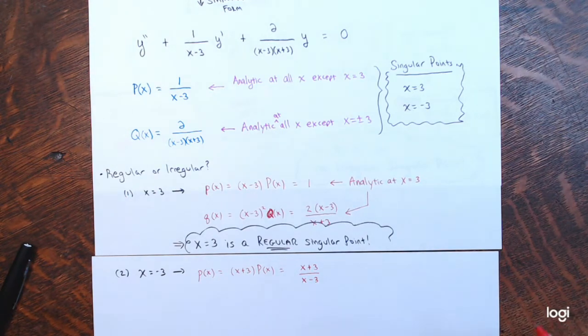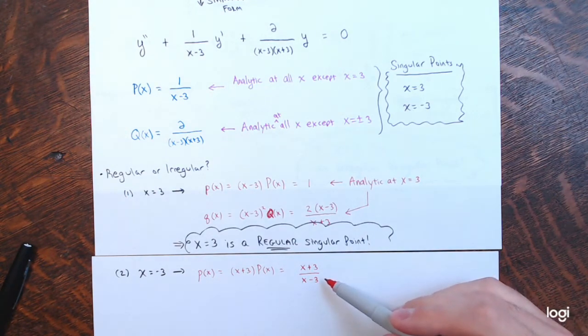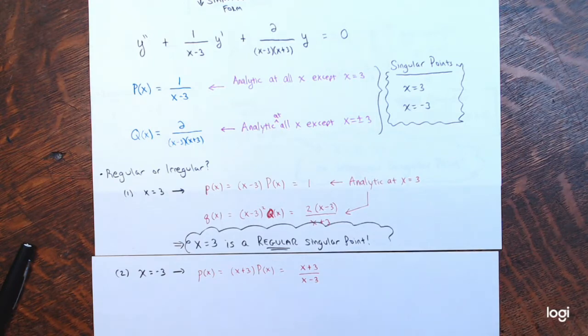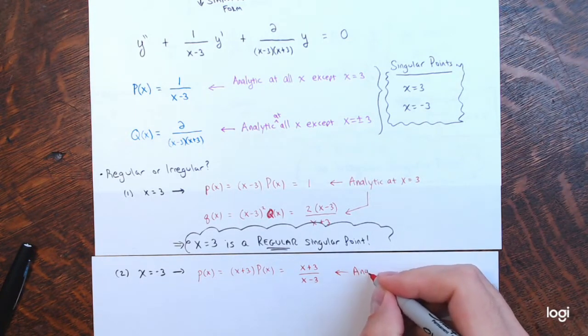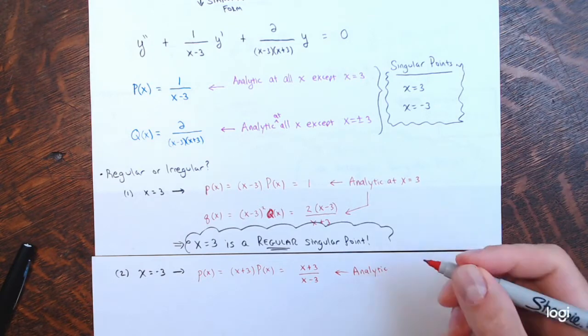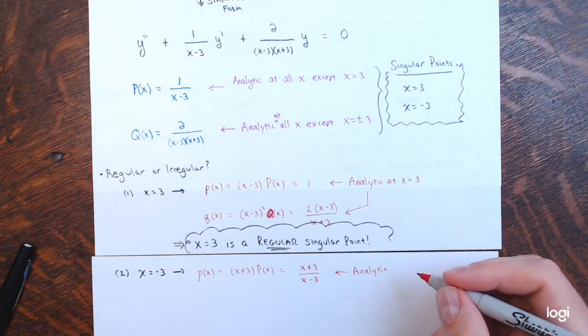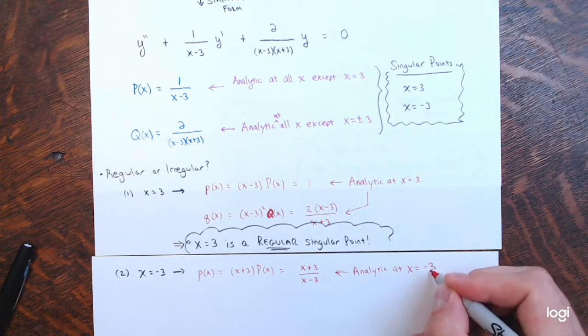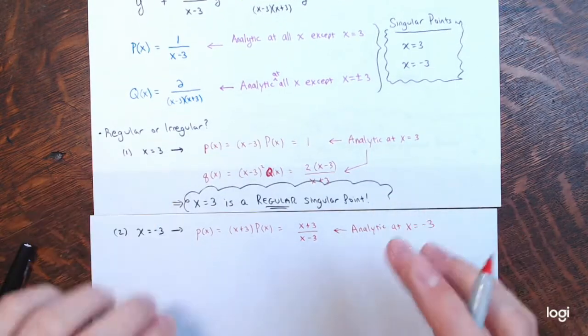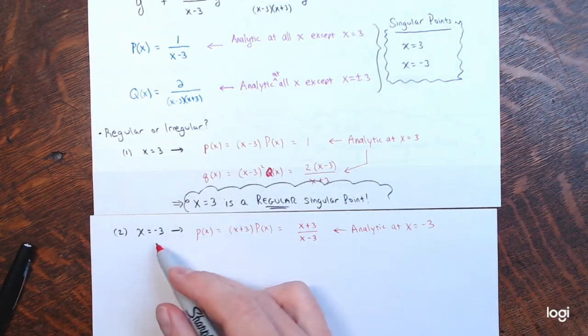This is a rational function defined at negative 3, so it would be analytic at x equals negative 3. You don't have x plus 3 in the denominator. So far, so good. It's looking like x equals negative 3 may be a regular singular point, but it does have to satisfy both. Both of the functions, little p and little q, have to be analytic at x equals negative 3.